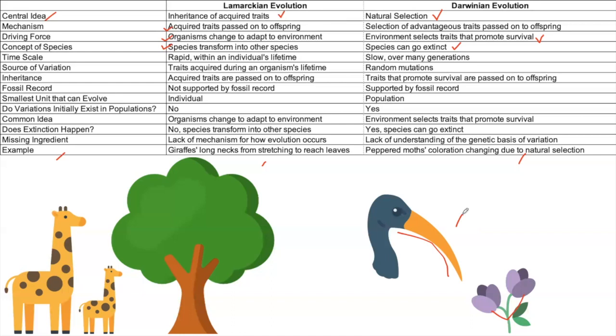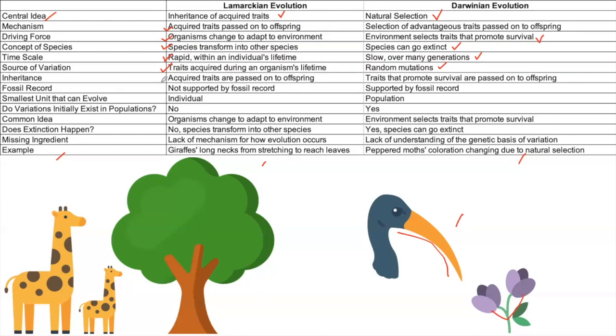Next are the time scale at which they operate and the source of variation. Lamarckian evolution is rapid, and the traits are acquired during the organism's lifetime, while Darwinian evolution occurs over many generations and is very slow. It's gradual, and it is due to random mutation.